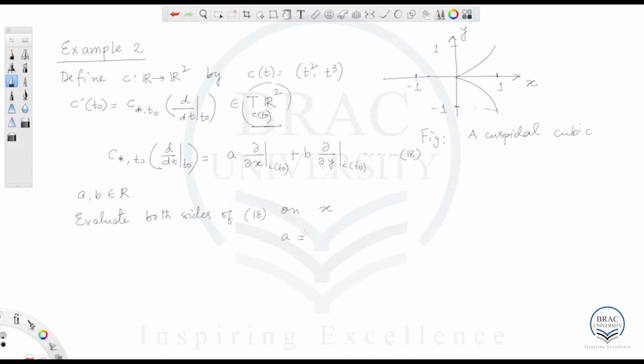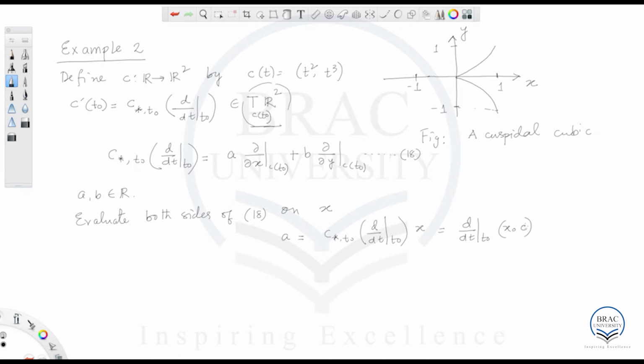We'll have A on the right side, and on the left side we'll have C star comma t0 acting on d dt at t0 acting on the function x, and that is equal to d dt at t0 of x composed with c, using the definition of differential.